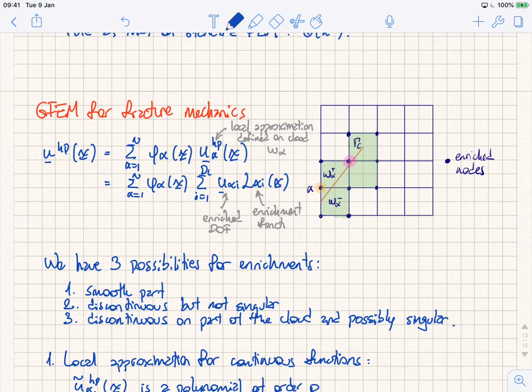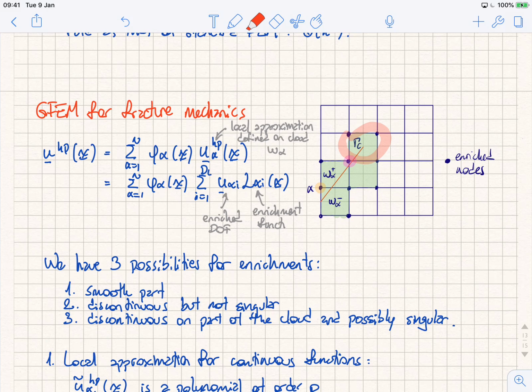So what I mean is, if I enrich this mesh that I show here with singular enrichments, those singular enrichments are going to be valid in every cloud of every node where I place those singular enrichments.